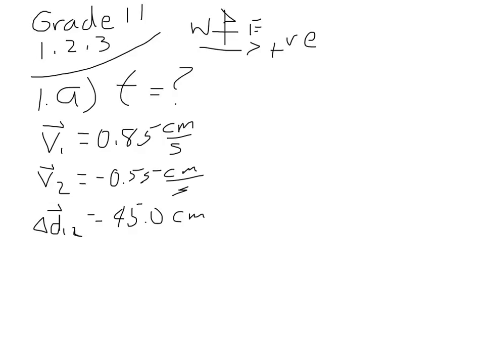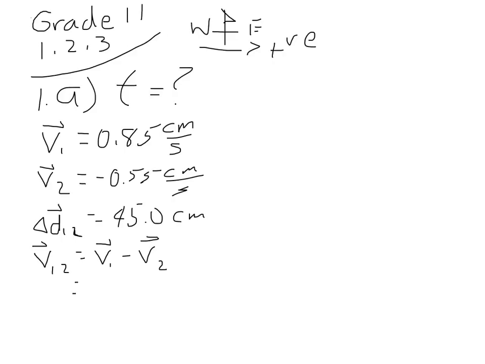So let's check it out. We take our relative velocity equation. The velocity of 1, 2, in basic terms, is v1 minus v2. Velocity 1 minus velocity 2.